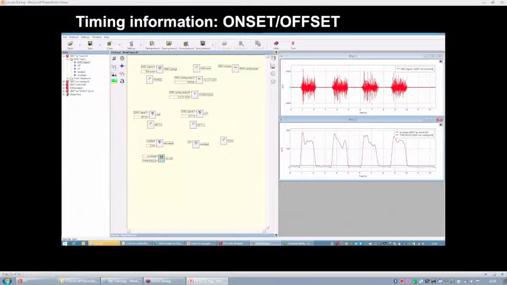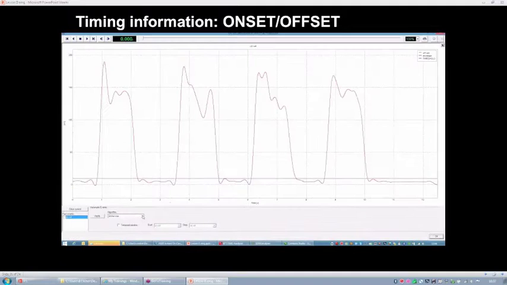We can do the same for the offset value. Again, the input can be the envelope with respect to the threshold. And in this case, we can also ask the application to compute these events automatically.